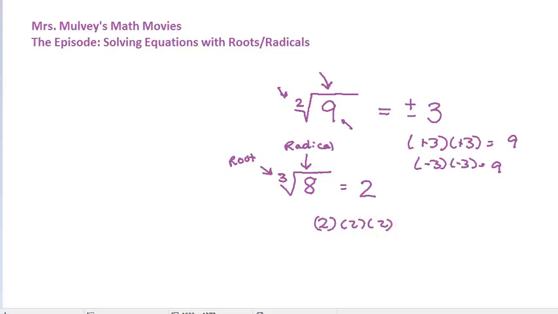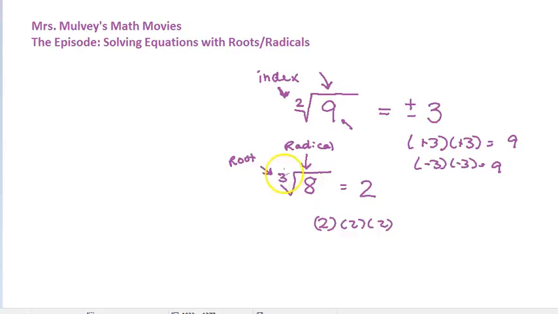Notice, when you have an even value here, and by the way, the technical name for this is the index, when I have an even index, you have to consider that your root could be positive or negative. If you have an odd index, the sign of the root will match what's underneath.